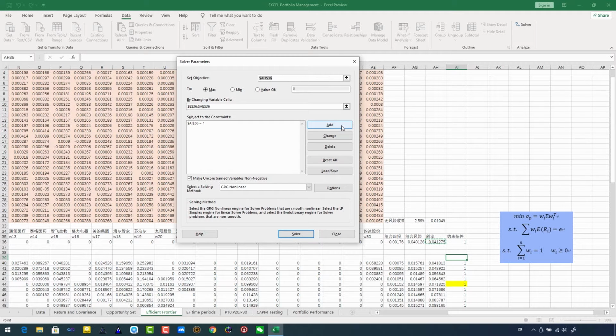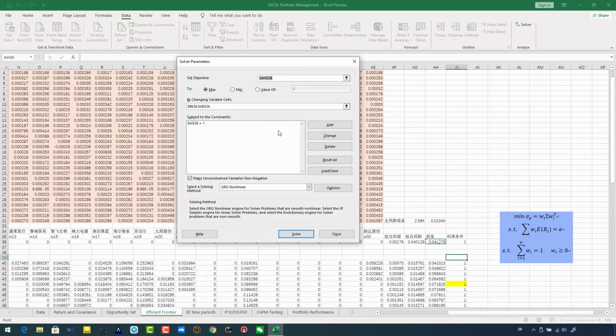And then if you invest in the Chinese stock market, definitely we will have a short selling constraint. So you can't do any short selling. The weight should be greater than or equal to 0.